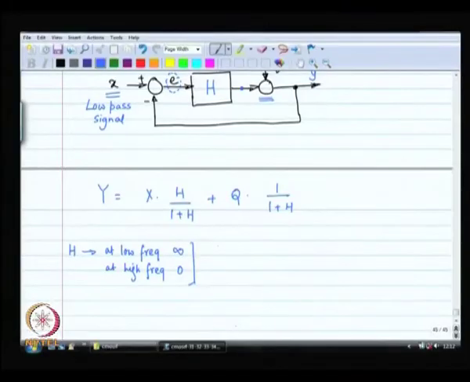So, Y at low frequencies is going to be X times infinity by 1 plus infinity, so X, plus Q times 1 by 1 plus infinity, that is 0. And Y at high frequencies is X times 0 by 1 plus 0, so that is 0, plus Q times 1 by 1 plus 0, that is Q.